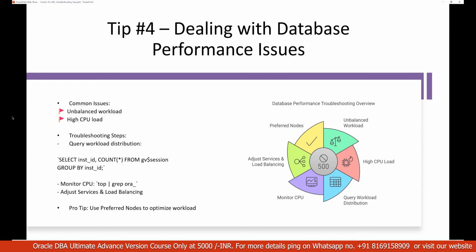So you can do those kinds of troubleshooting, and also you can monitor the CPU utilization, because if your server is highly utilized, it will definitely have a direct impact on performance. You can identify which process is consuming more resources. Also you can try adjusting the services and the load balancing operation.